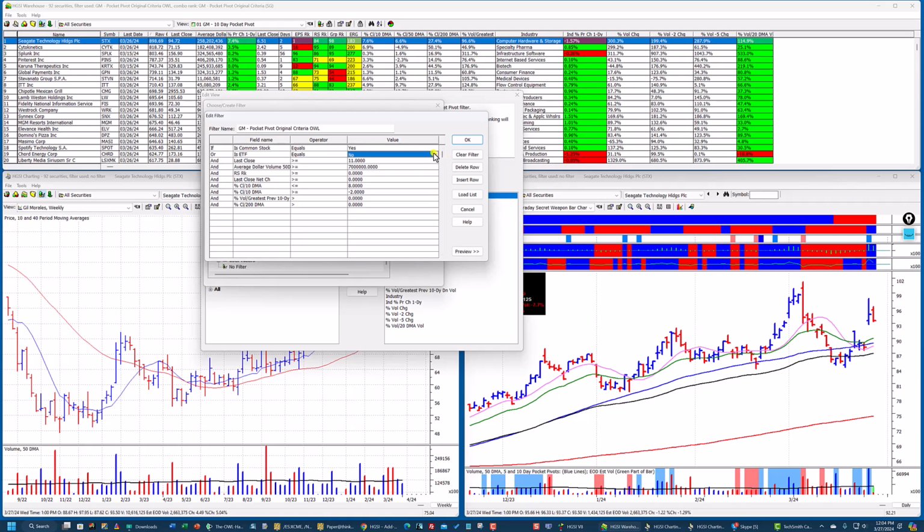There we go. The arrow wasn't showing up, so I had to redo it. So if you want to scan for both, you can put a yes in here. If you just want ETFs, you can put a no in here. So that is something that you might like to try. I'm going to just leave it on stocks only for now.